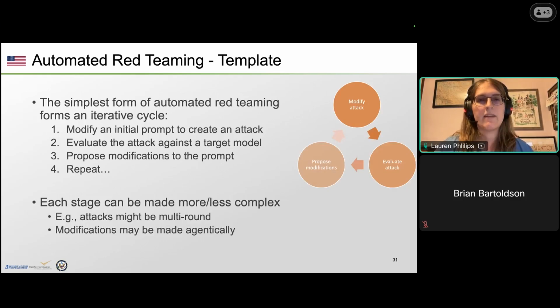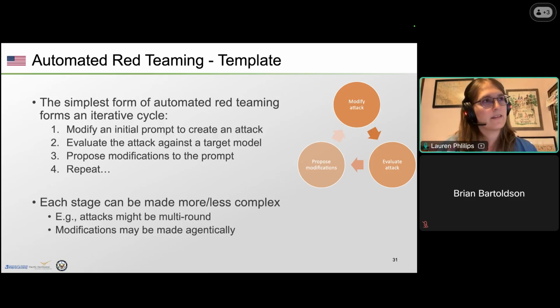And I think every style of automated red teaming follows at its core this kind of iterative cycle. You create an attack, you evaluate whether that attack was successful, and then you propose some modification to the prompt, and then you repeat. Every flavor of automated red teaming has some aspect of this.